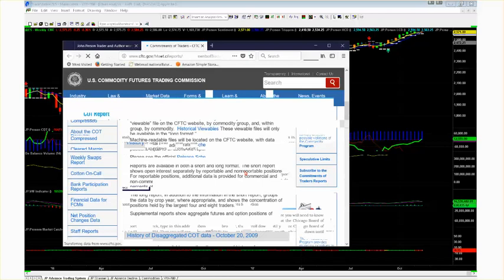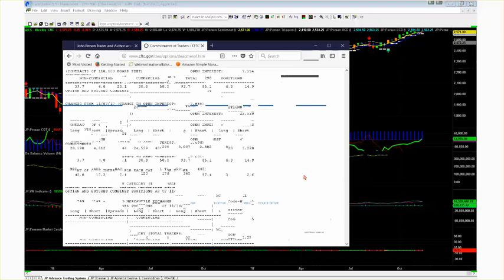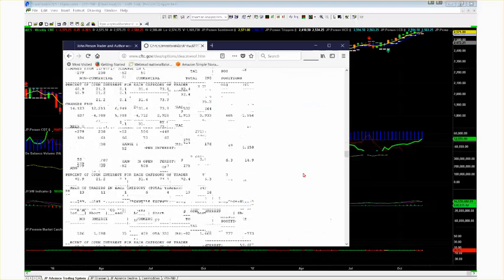This is the Commitment of Traders report. In the Commitment of Traders report, green represents the small speculators, blue represents the hedge funds, and red represents the commercials.